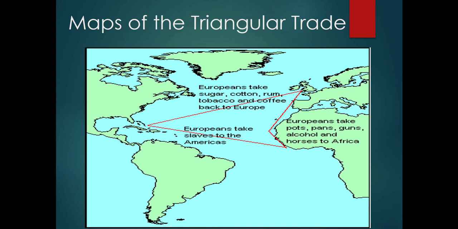And then the Europeans would take sugar, cotton, rum, tobacco, and coffee back to Europe. So it was a big trade. So they paid for the slaves with different items. So they were saying that these people could be bought with items or with money. And they were trading across continents. So Europe, Africa, and then the Americas.